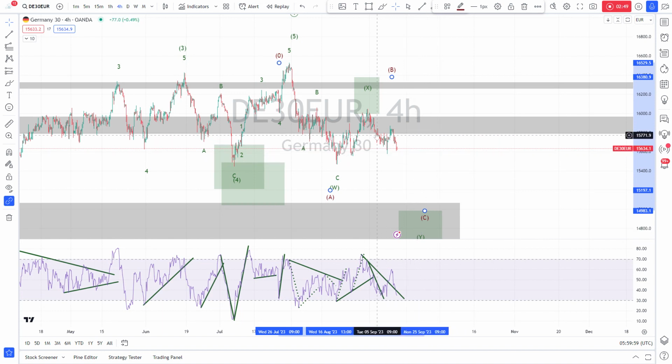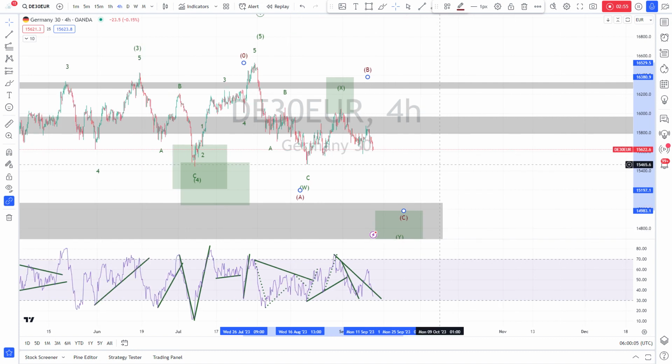And so now, the question is how will this Y leg look? For now, on the 4-hour, we cannot really see much here in RSI. I would say we had our push up as expected.